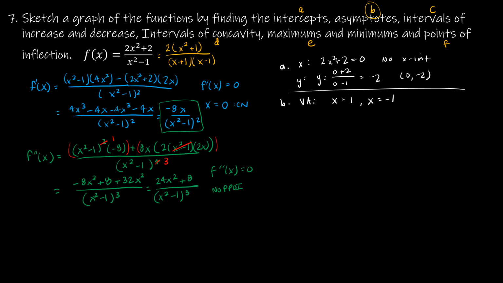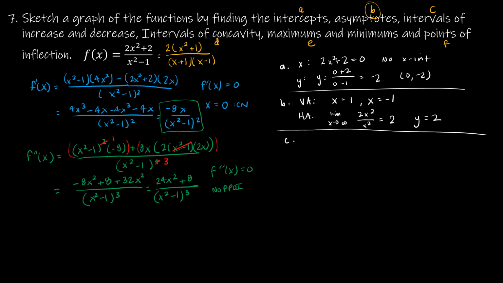It's going to be horizontal: the limit as x approaches infinity of just the consequential terms, 2x squared over x squared, and that's going to give me 2. So remember to write that as y equals 2. That's the horizontal asymptote.